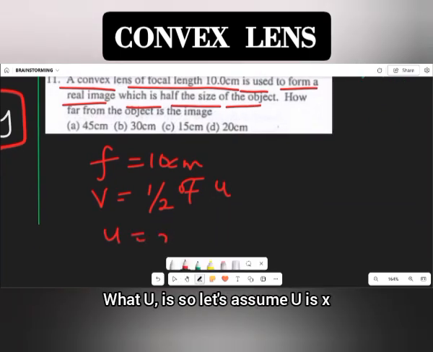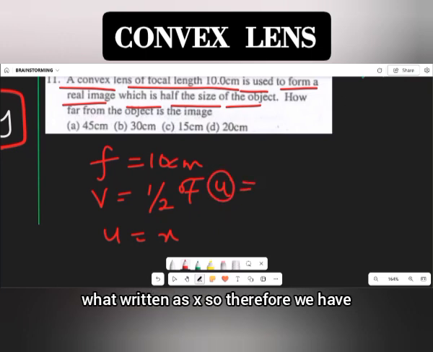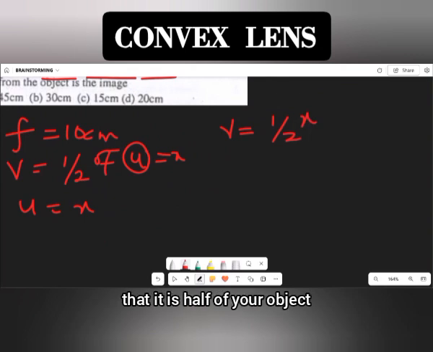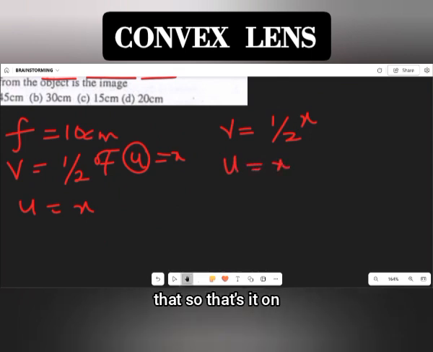So let's assume U is X. So our V is half of X, because they told us it is half of the object, and your U is just X.